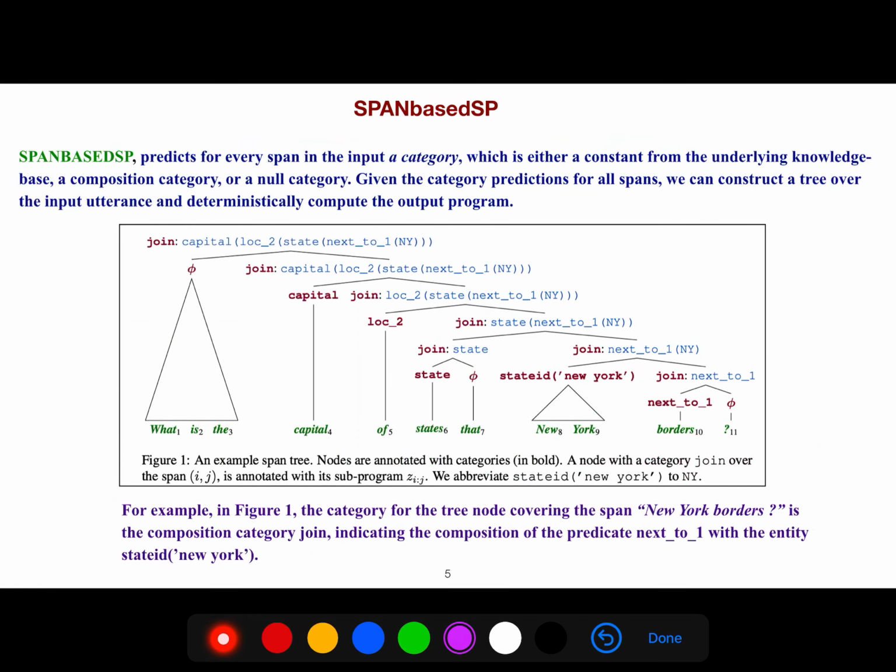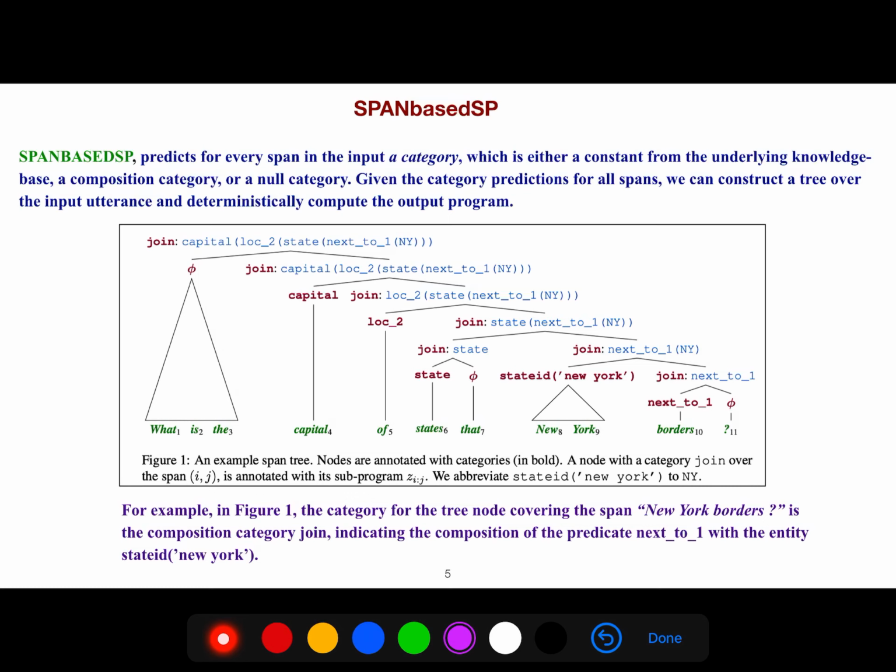In the span-based approach, we predict a category for every span in the input, which is either a constant from the underlying knowledge base, a composition category, or a null category. Given the category predictions for all spans, we can construct a tree over the input utterance and deterministically compute the output program.